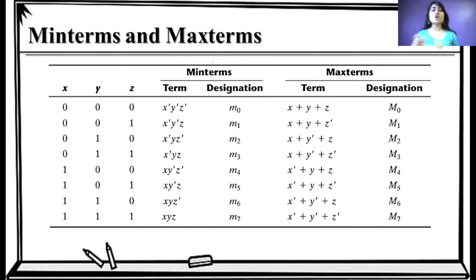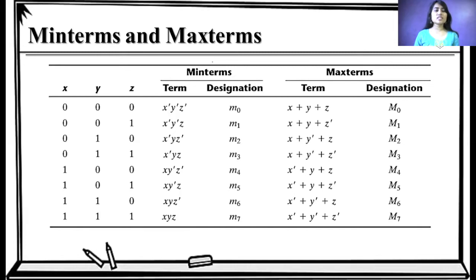In minterms, for x equals 0, y equals 0 and z equals 0, we can represent this as x dash, y dash, z dash. Because x equals 0, we represent it in inverted form x dash, y equals 0 so y dash, z equals 0 so z dash.